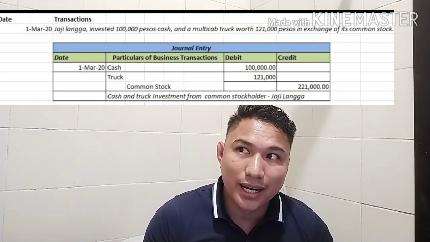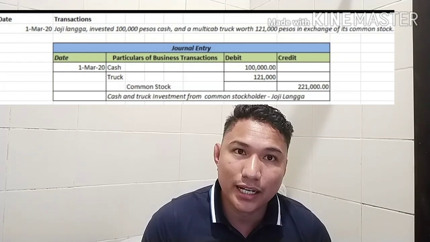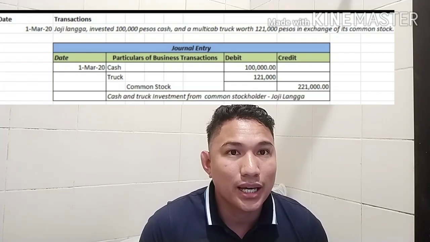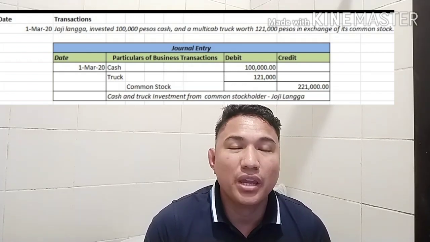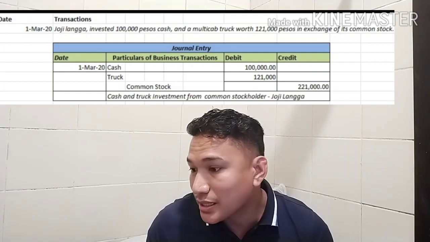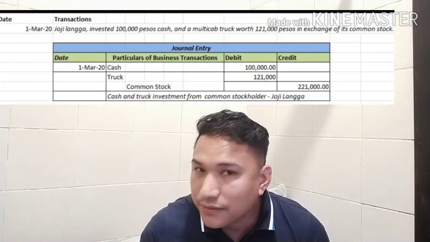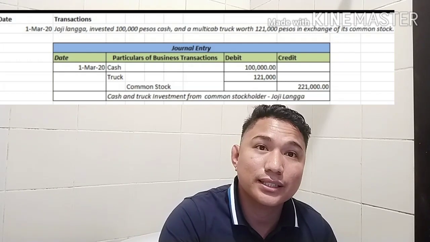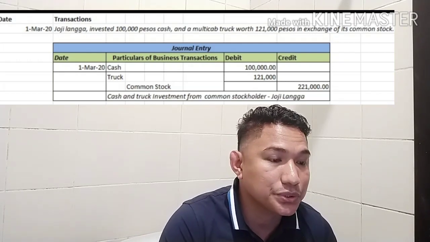So as an accountant of the company, what entry am I going to record? Maybe as a layman, you will just list, okay, I received 100,000 pesos and I received a multi-cab truck.